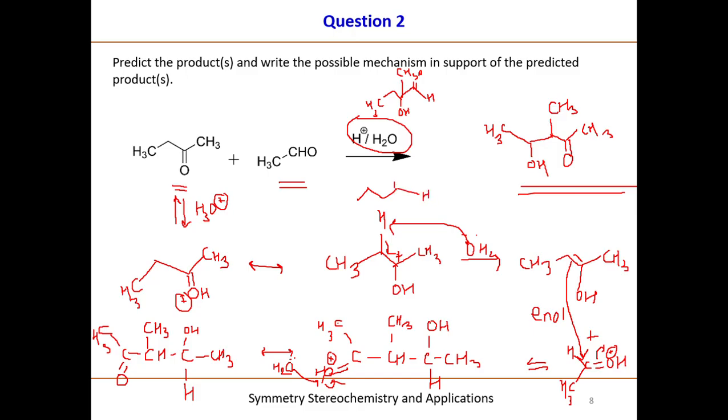Aldehyde. Here we have CH3 and this is CH2 CH3.